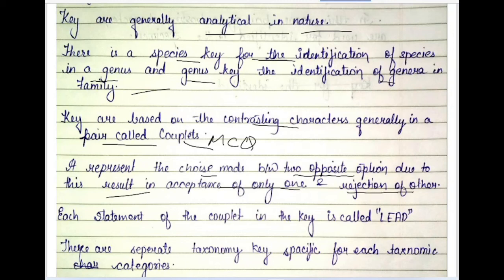Each statement of the couplet in the key is known as a lead. If there are two options, then each option is known as a lead.